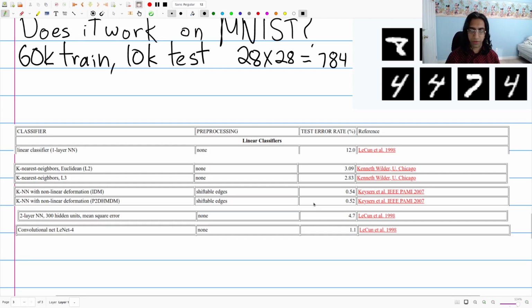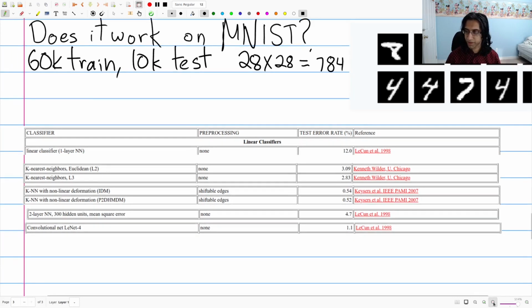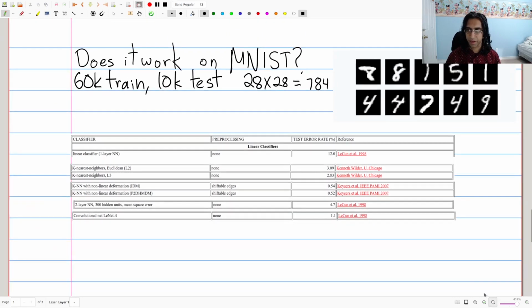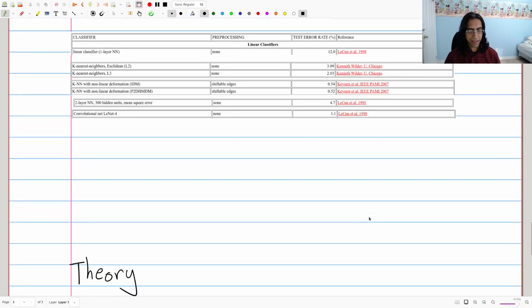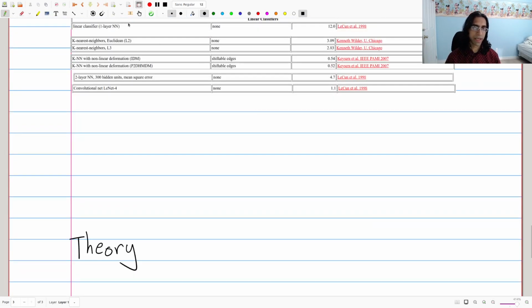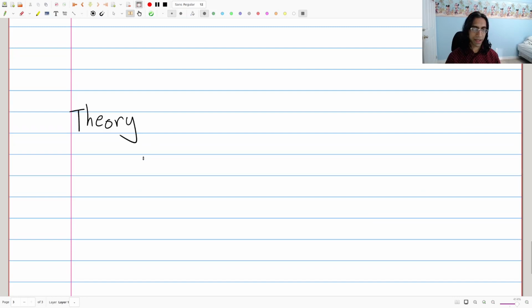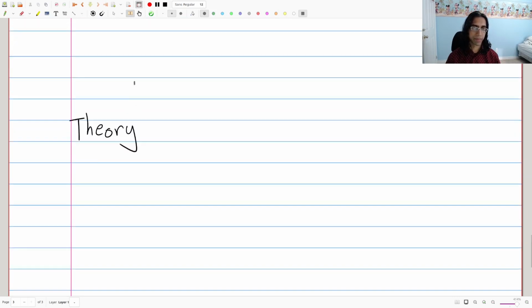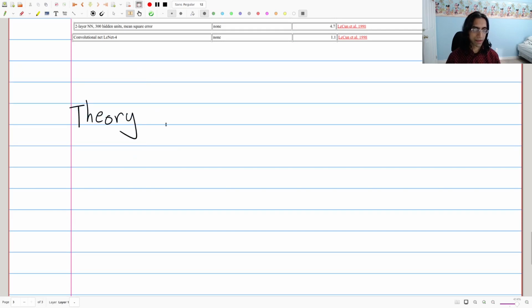Okay, so that shows whether it works and when it does, that it does work on MNIST, let's say. And as a last thing, let's talk a little bit about the theory and why we might expect, how well can we expect the k-nearest neighbor classifier to work?